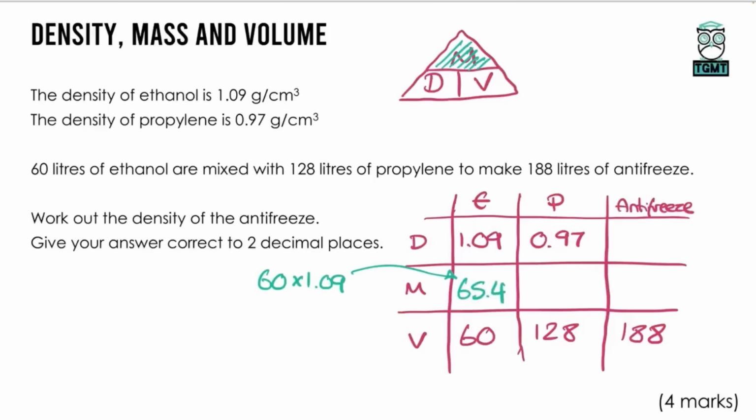I can then work out the mass of the propylene, just here, by doing the volume, 128 times 0.97. So 128 times 0.97, there we go, and that's going to give me the mass of the propylene, which comes out as 124.16.